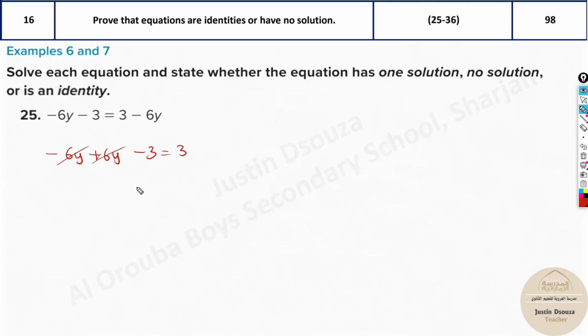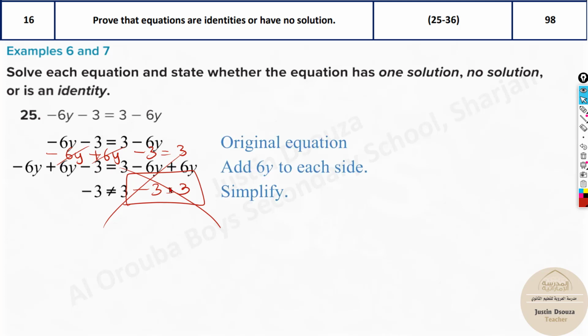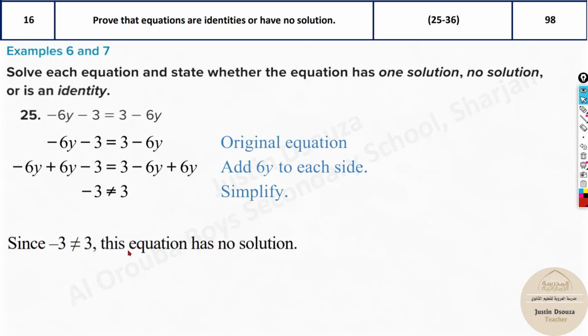This cancels. You're remaining with -3 equals 3. Is this true? No. -3 and +3 are different. They are not the same. So this has no solutions. Why? Because this is a wrong equation that we have obtained. That's it. See, this is not equal. You can write it like this. See, not equal to. And therefore it has no solutions.